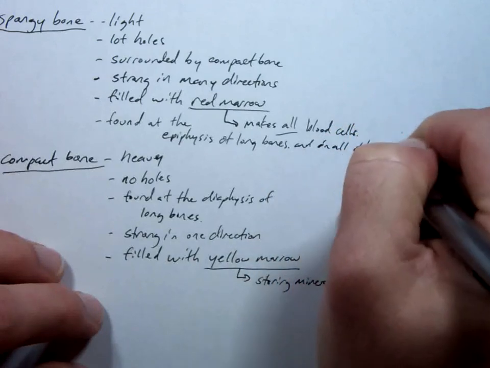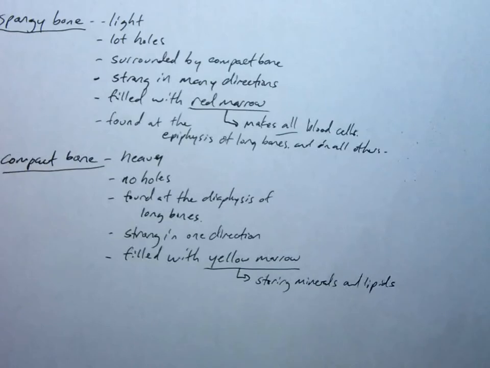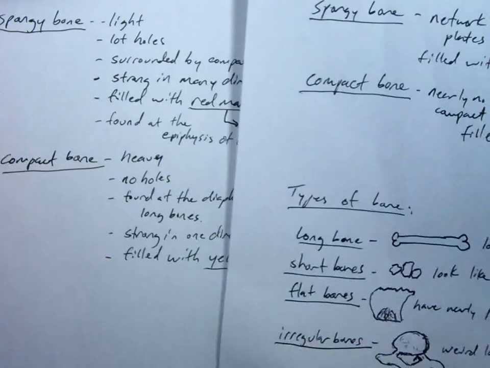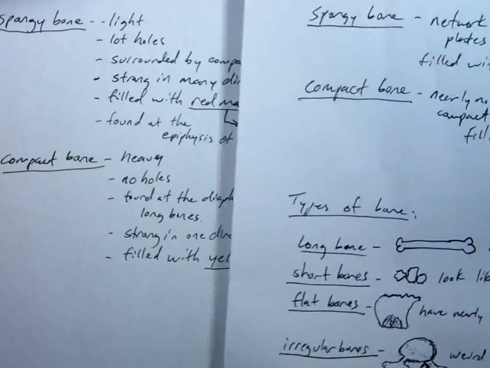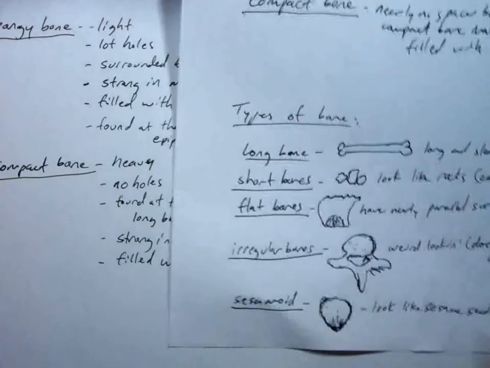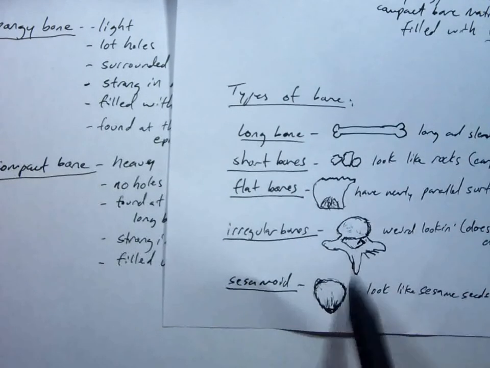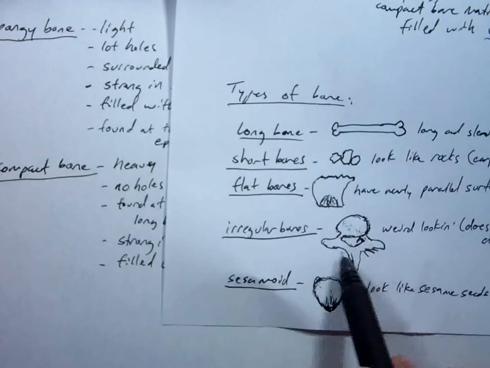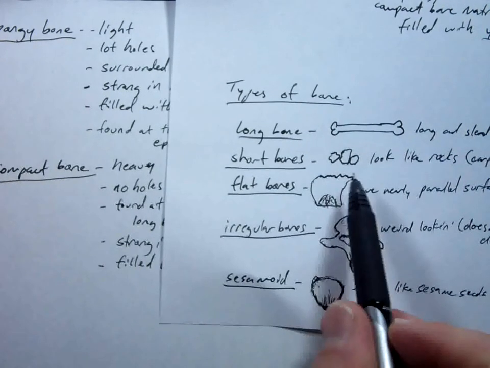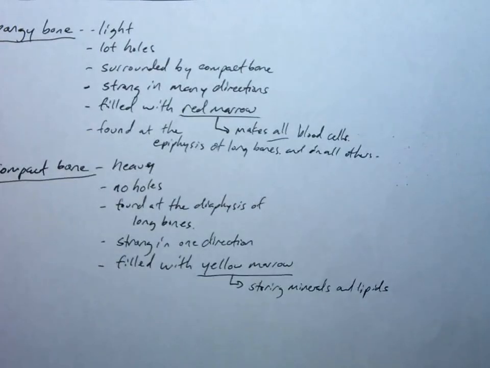So like what we drew the other day, what we drew seconds ago. I'm a doofus. I was trying to do the old guy thing. The other day is what old people do to hide time. The other day can be anything from yesterday to 60 years ago. Okay. You'll find it inside of this. You'll find it inside of this. You'll find it inside of this. You'll find spongy bone inside of all the other types of bone, but compact surrounding them.